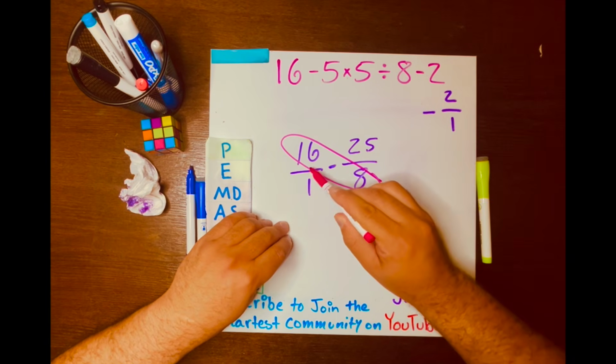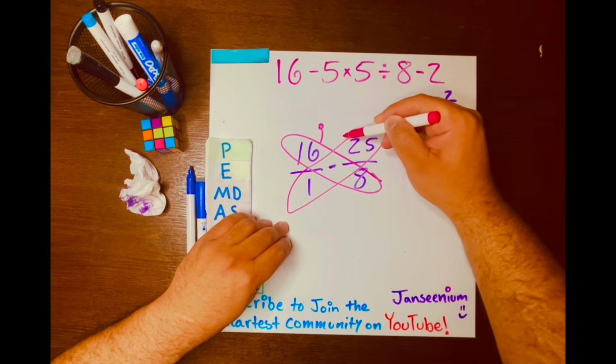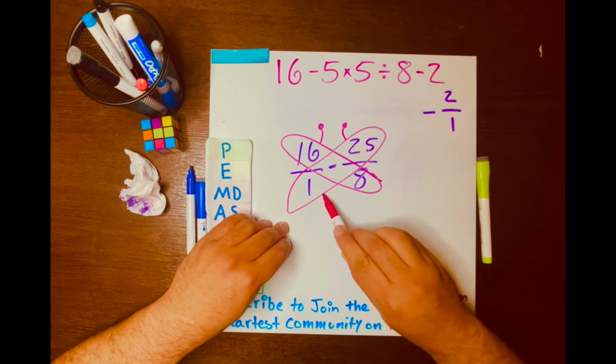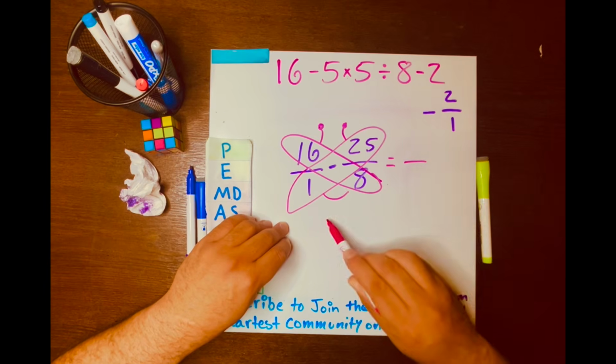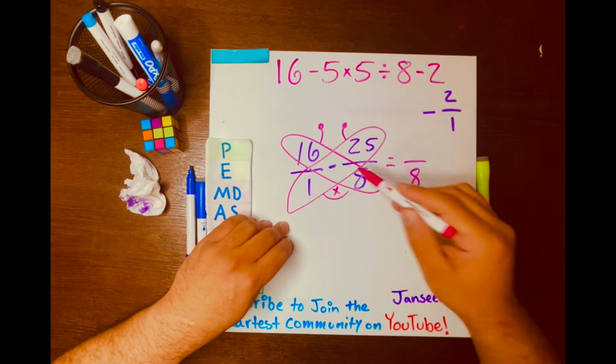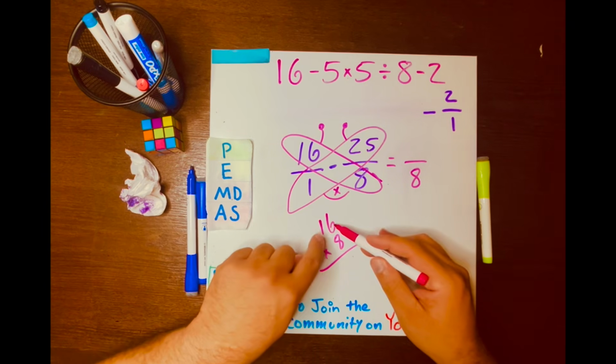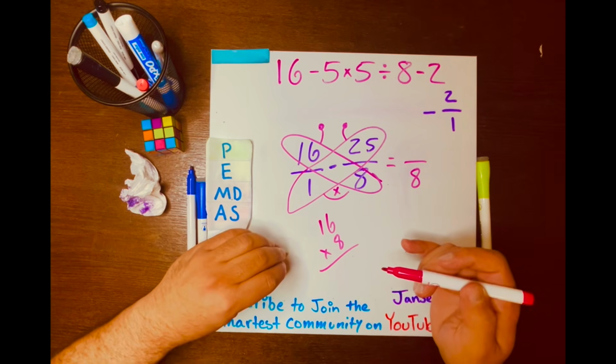So I multiply 16 times 8, which is, and here are the antennas. Here's the body that always gives us the denominator. So 1 times 8 is 8. So 16 times 8 is a big number. So 6 times 8 is what?